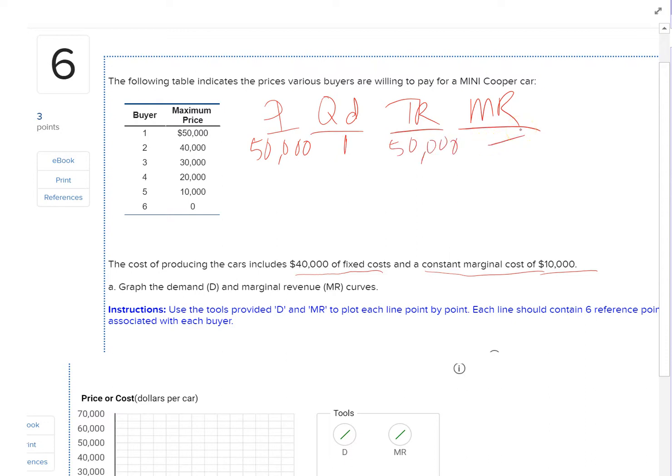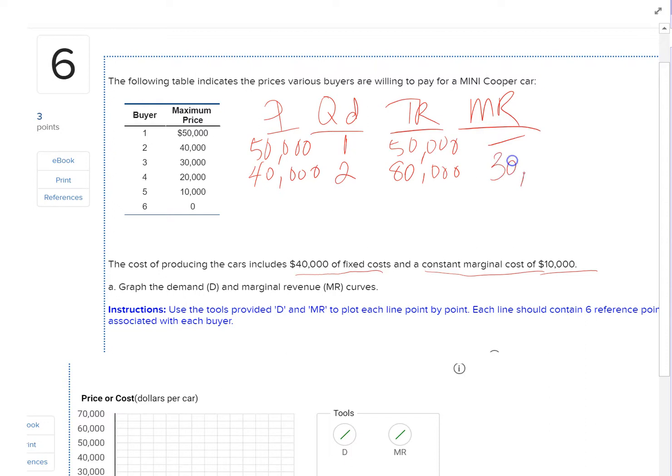All right. For the second one, well, let me go to the next price. At $40,000, now 2 people will buy because we have one more buyer, right? We have the one at 50, and now we have the second one. So 2 people will buy at $40,000. That brings in total revenue of $80,000. And now the marginal is the change in total divided by the change in quantity, which is 1.